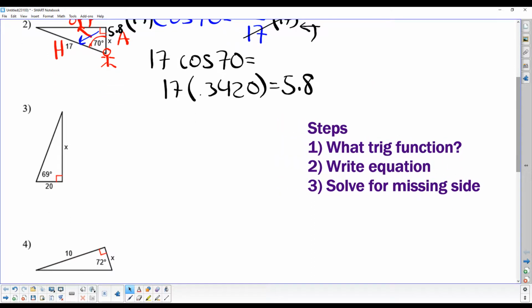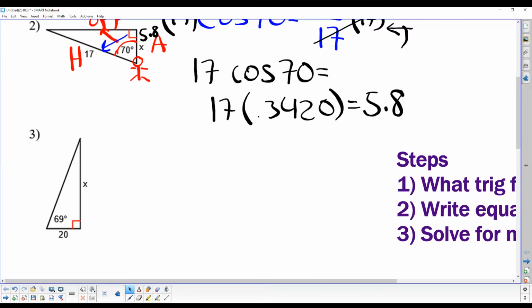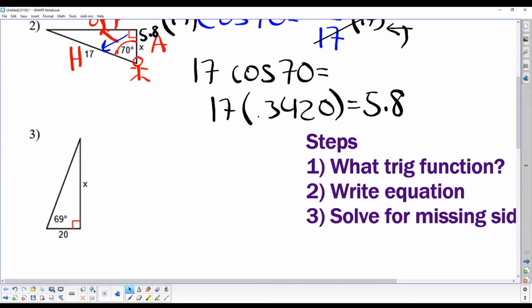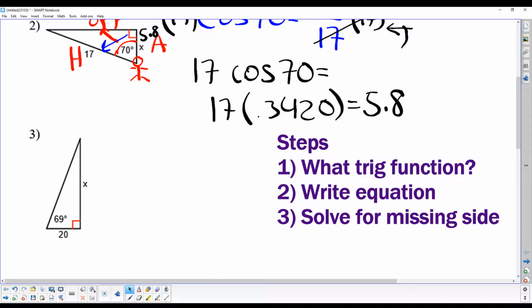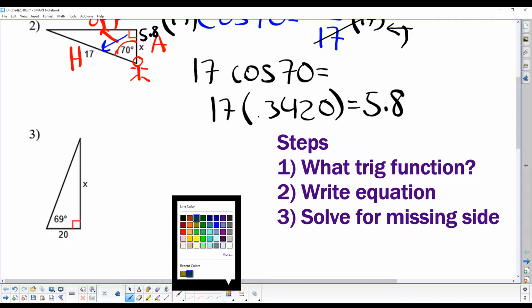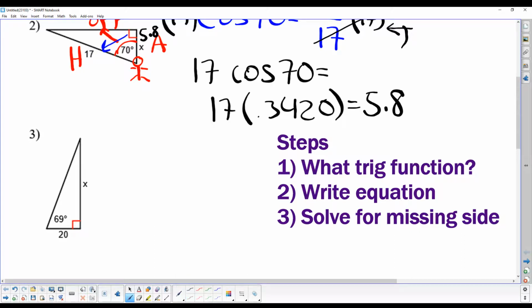Well, let's see. Make this a little bit bigger so I can write more easily. Have you already figured out what this one is? This is my reference angle. I'm standing here in this corner. I look across the triangle, and that's my opposite.